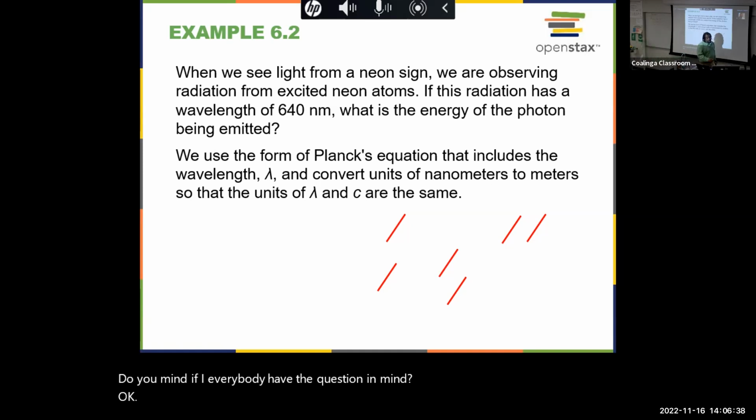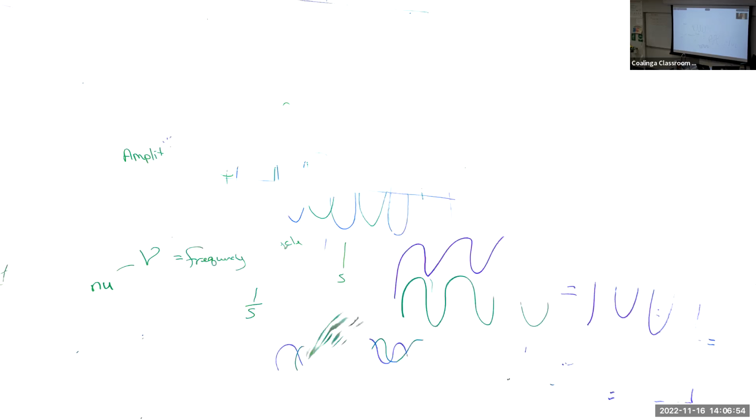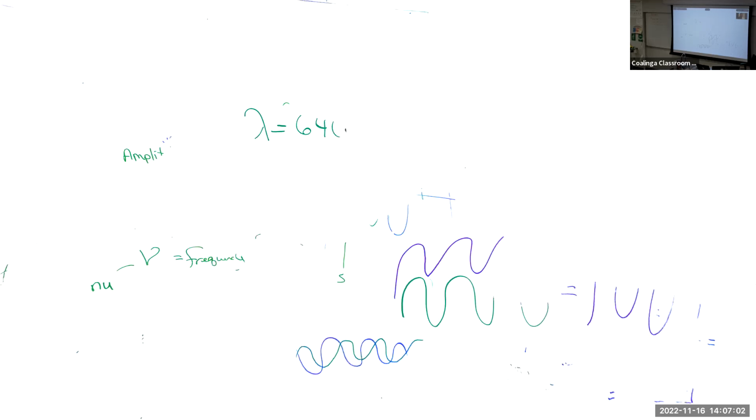That's if the camera decides to work. And it's nanometers.